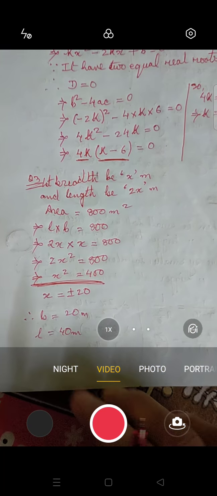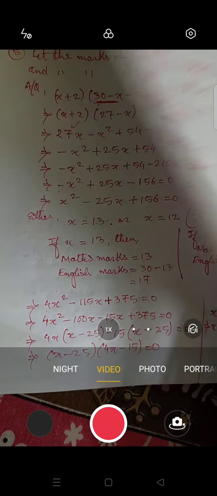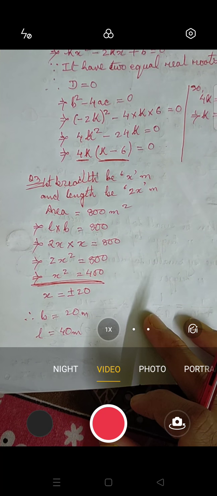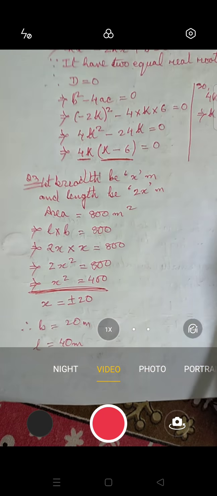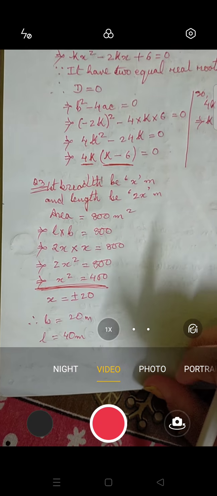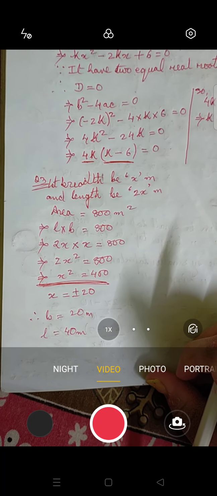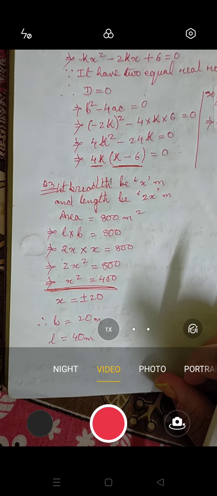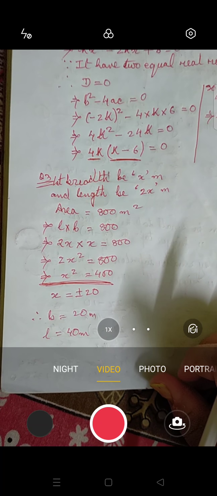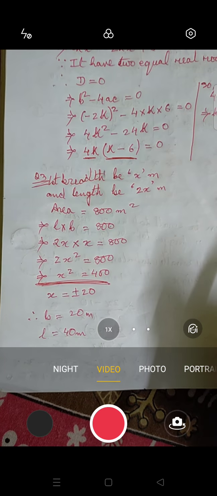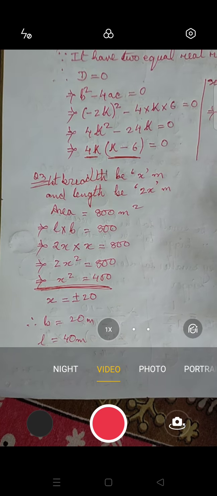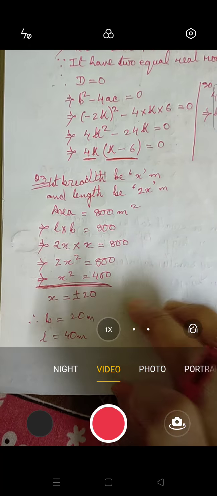Our answer is correct only, then why are we getting 3 marks instead of 4? The reason is in the question it was said, is it possible to design a rectangular mango grove? Have you written that? Is it possible? We have not written that. Understood? That's why it is wrong.